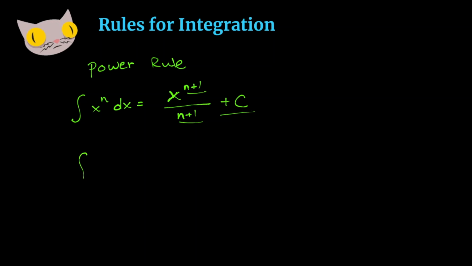So if we have x to the 4th power and we're trying to integrate that with respect to x, we're going to get x to the 4th power plus 1 over 4 plus 1, which is going to be x to the 5th power over 5 plus c. And that's the power rule.